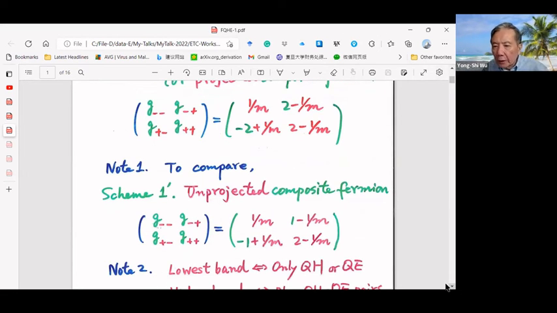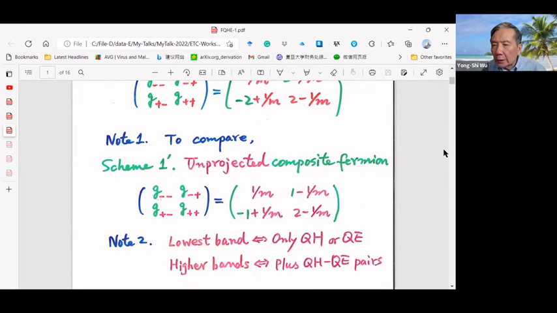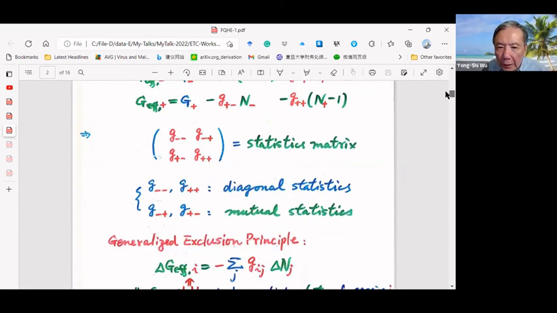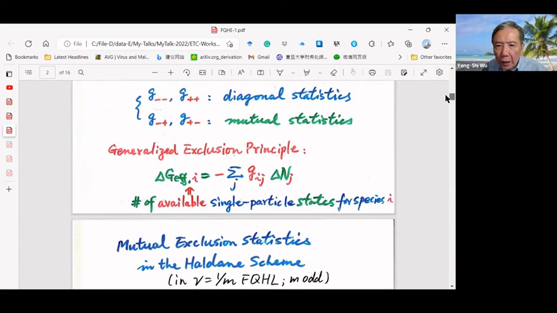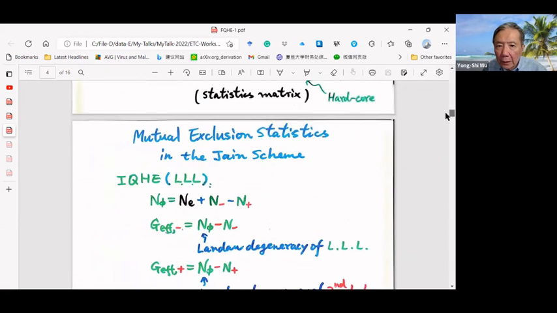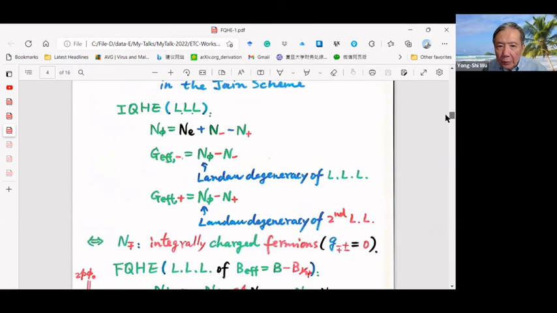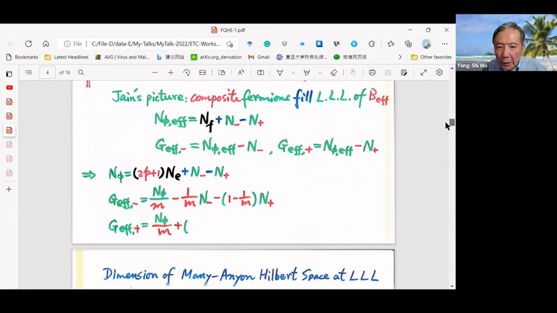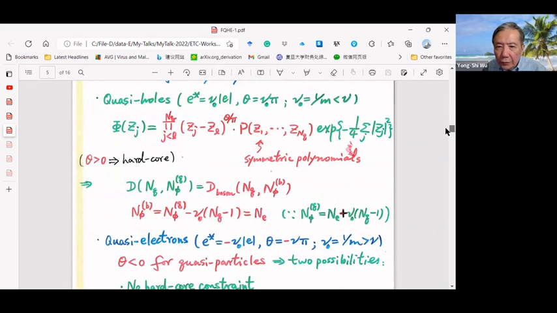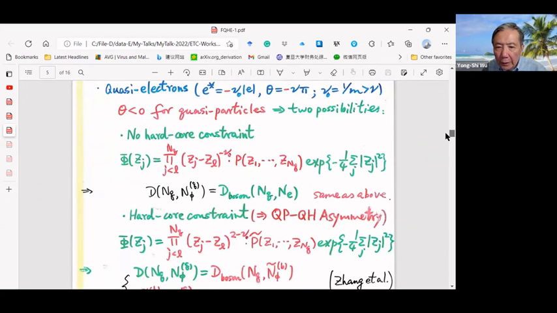At T equals 0, absolute zero, actually, they give the same results, okay? So here is the derivation of Jain's result.